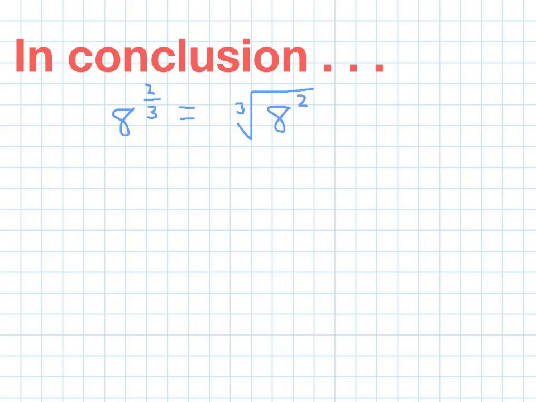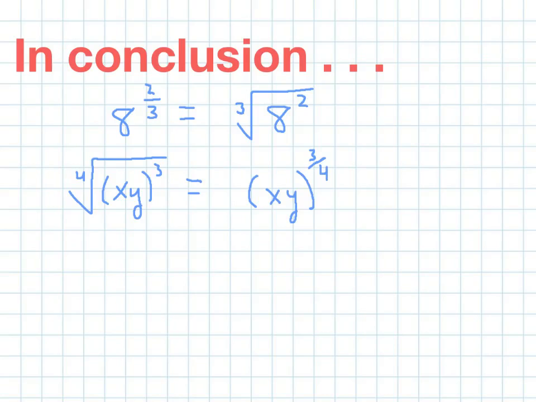If I were to give you the 4th root of x, y to the 3rd power, I could rewrite that taking the base part of the radicand. The exponent of the radicand becomes a numerator, and the index becomes the denominator.